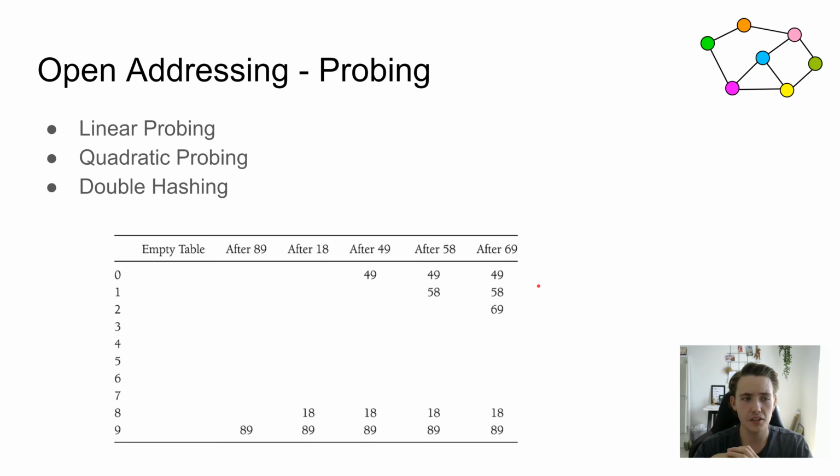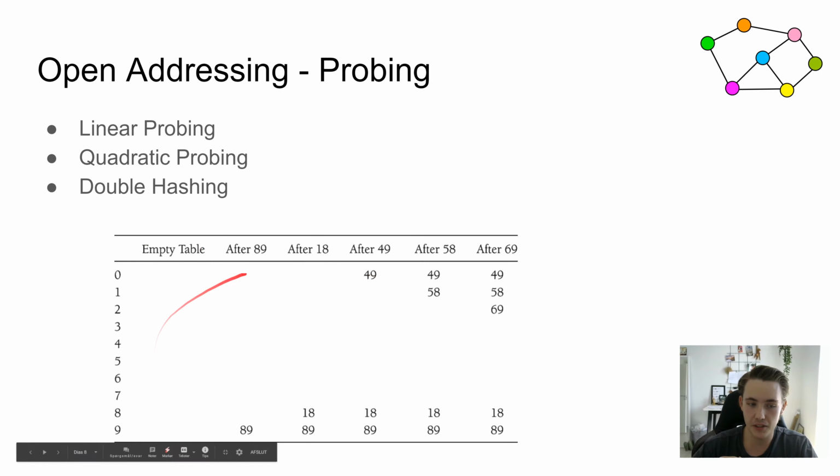We can also use open addressing and probing for avoiding collisions, another approach instead of this chaining method, where we can have something called linear probing, quadratic probing, and double hashing. I just have an example here where we're using linear probing, where we start with an empty table and then we add the number 89.